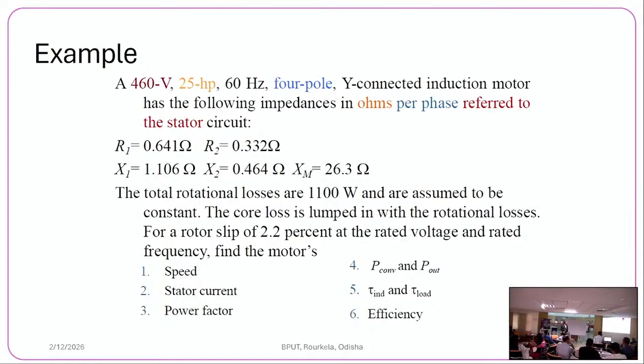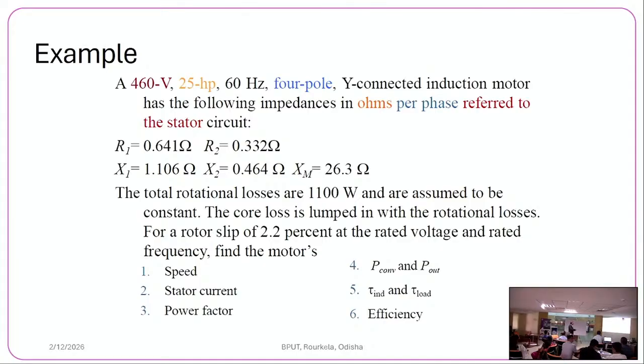Then find the mechanical power and output power. You got the stator current, so the input power is √3 into input voltage VL, which is 460 volt, into IL from the equivalent circuit, into cos phi. You got the input power.